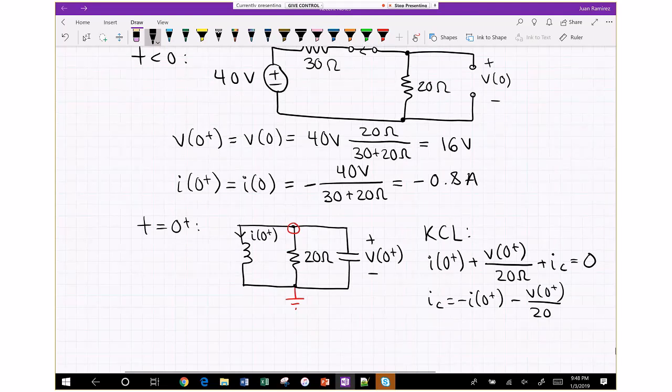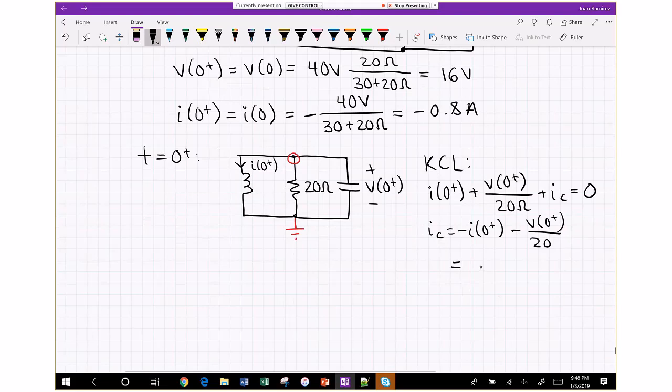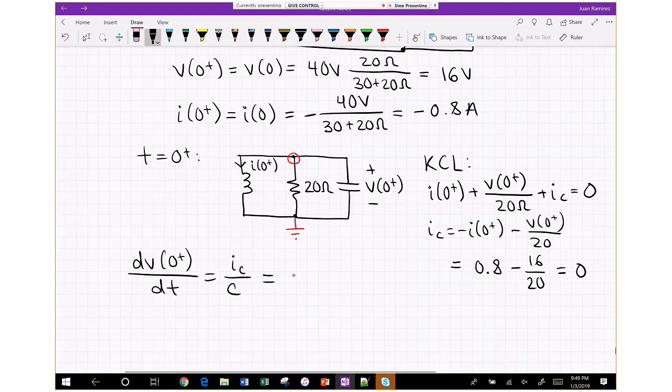Alright, and now we solve for the capacitor current. And we end up with 0. And we know that the rate of change of the capacitor voltage with respect to time is equal to the capacitor current divided by capacitance. Therefore, it's 0 because the capacitor current is 0.